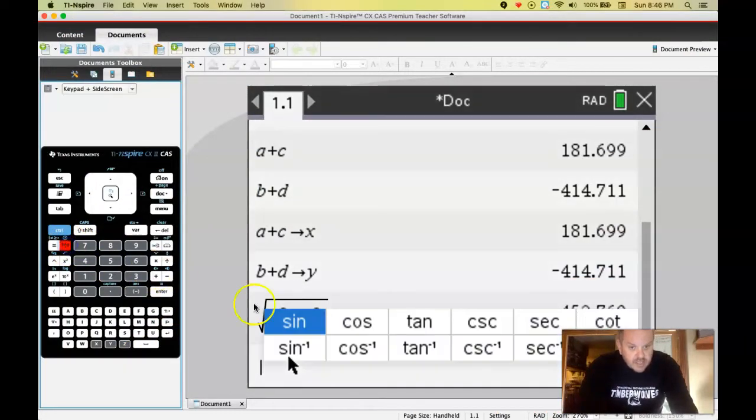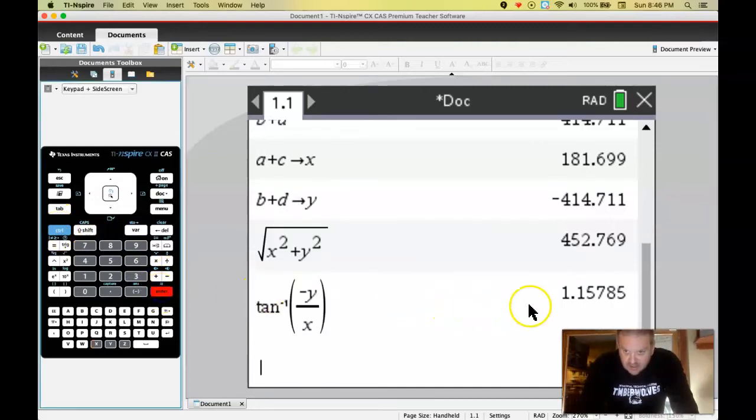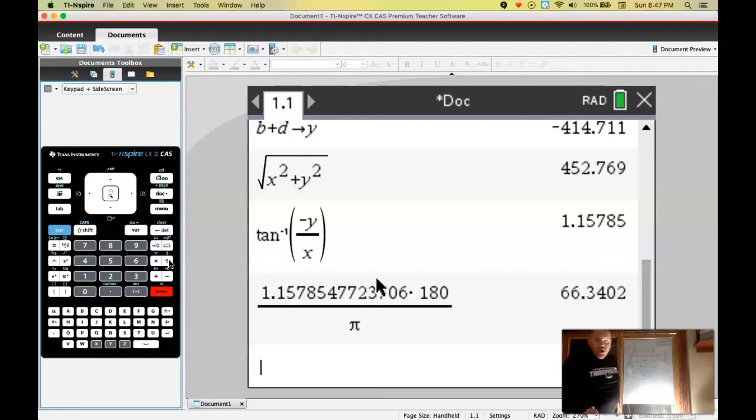I want the inverse tangent of, now my y value is negative, so I'm going to type it in as negative y divided by x, because I want to drop those negative signs. That gives me an answer in radians, because my calculator is in radians. So I need to multiply that by 180 and divide by pi. That gives me a reference angle here of 66.340 degrees.